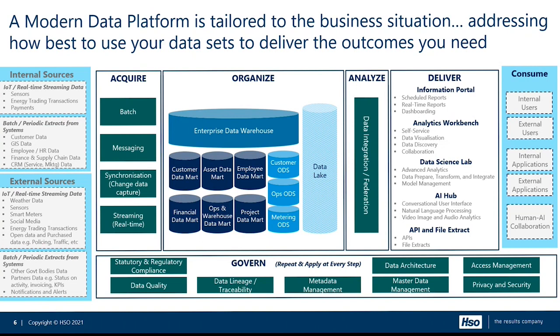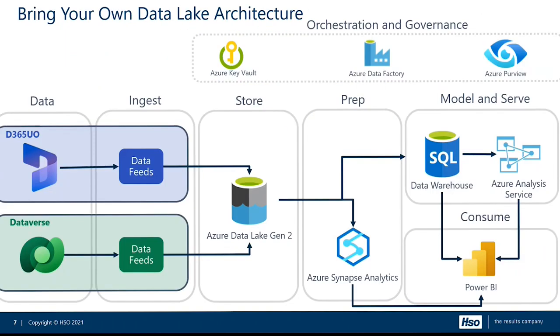So that's effectively what we want to build in a theoretical way. Let's make it even more real and talk around an example, a bring your own data lake architecture here, and the world of F&O, for example, in Dynamics. So there in the world of F&O, on the left-hand side, you have your rich Dynamics data sets.